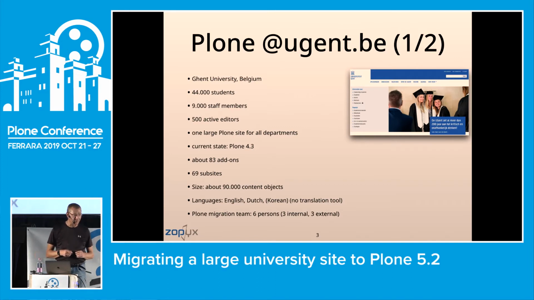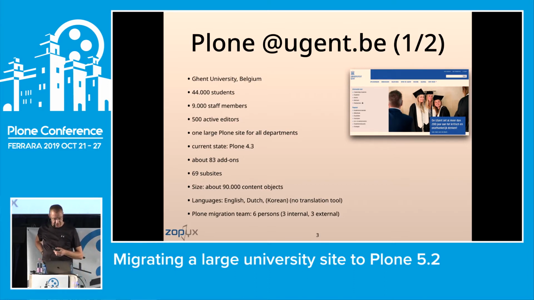They have something over 80 add-ons. They are organized in something like 70 subsites, basically departments and then subsites per language, because they have to support Dutch and English as languages.